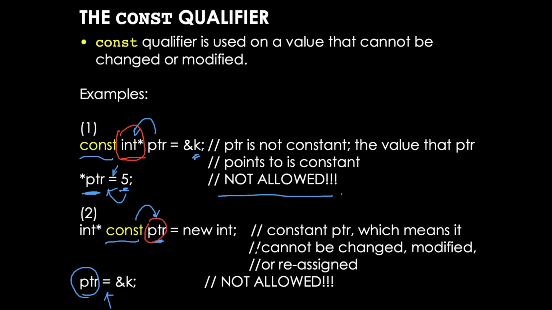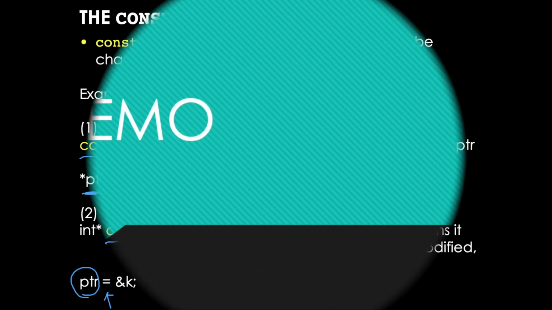So be super careful about the declaration itself. This actually makes C++ pretty confusing. But if you always remember to look at what's after the const, then this should not be a problem. So we'll do a quick code demonstration to illustrate this.